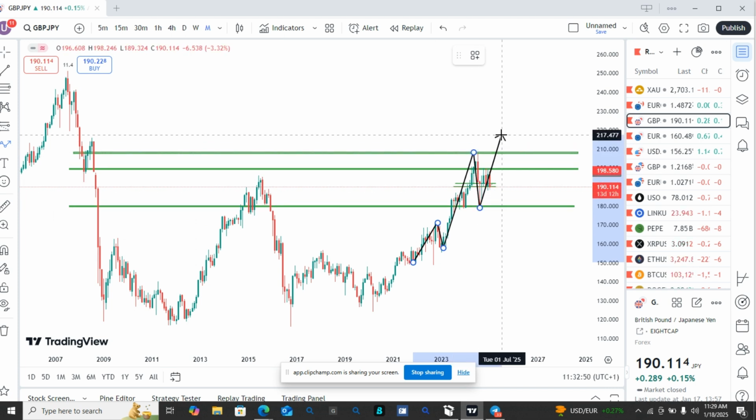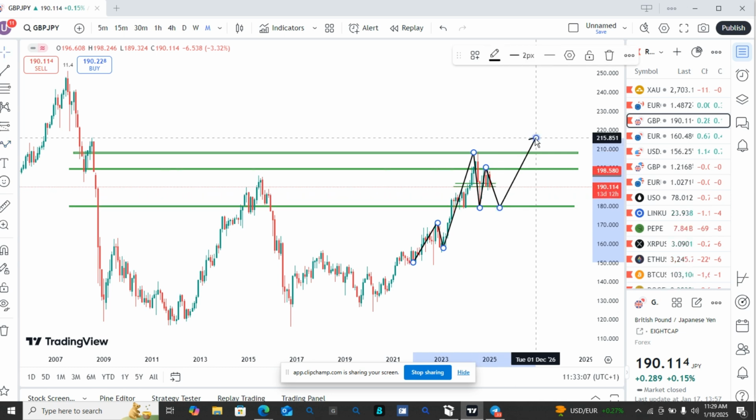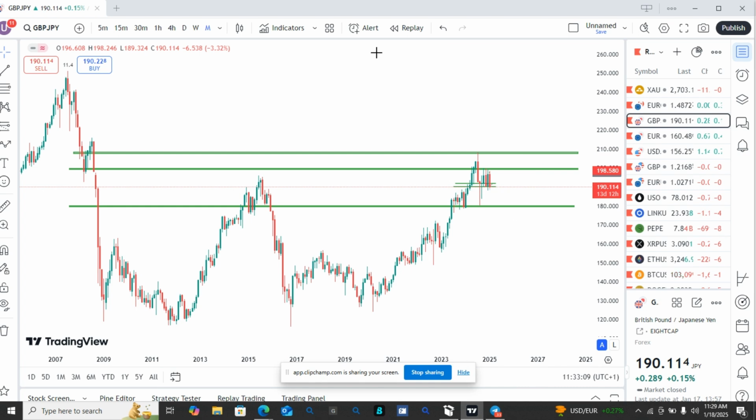But it couldn't create another higher high or equal high. Rather, price came to this zone and started seeing selling pressure that is bringing price down to this higher low. So on a monthly time frame, we are coming down to this place before a continuation move to the upside. So let's go down to weekly time frame and see what price action is saying.